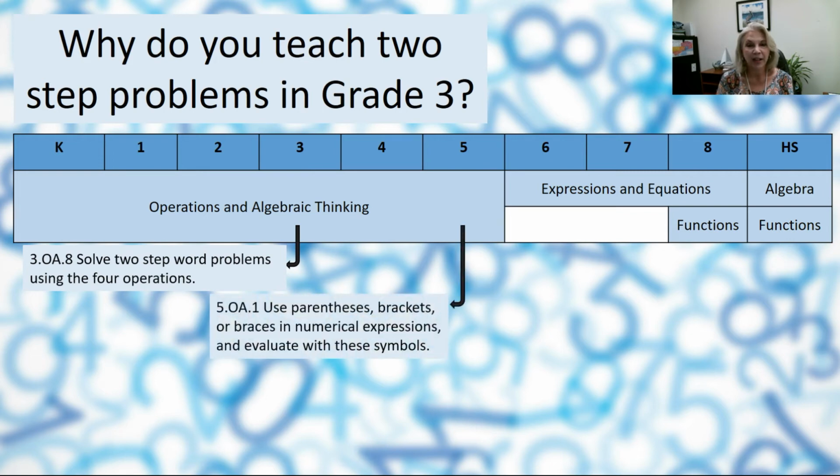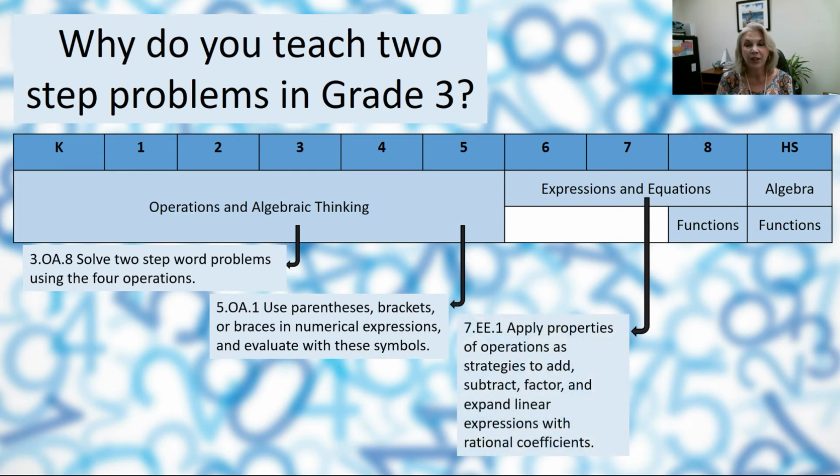In 5th grade, students will take that learning into the 5.OA.1 standard, which says use parentheses, brackets, or braces in numerical expressions and evaluate with these symbols. From there, the learning will progress into middle school or 7th grade with the standard 7.EE.1.